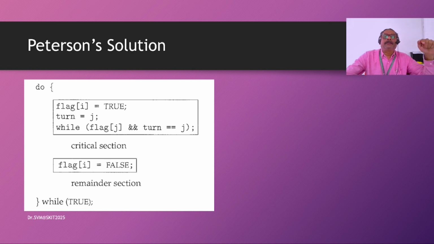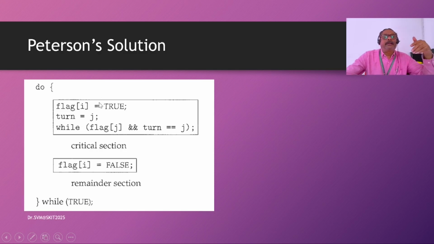We'll write it there in the position turn, and who executes next will overwrite it. That means at the end, who has written last, that value will remain in the location turn. So if I has written last, then you will find J there.